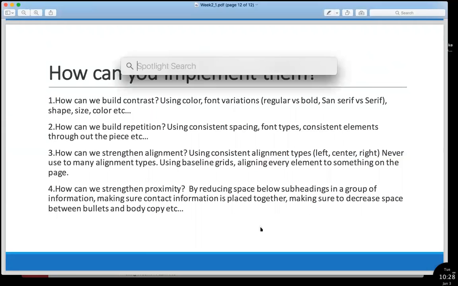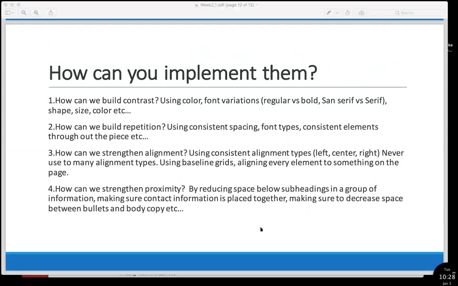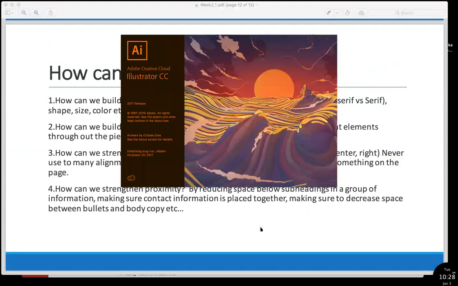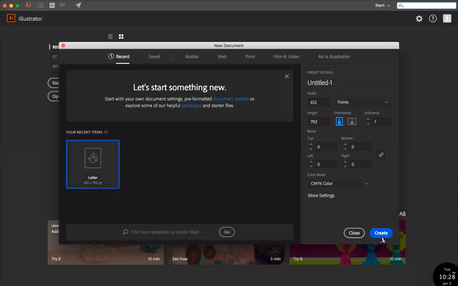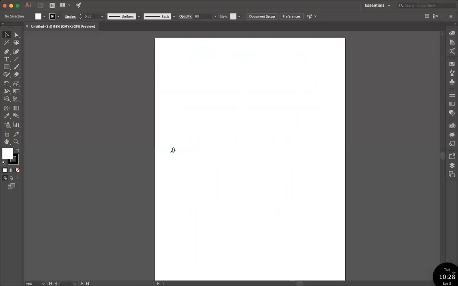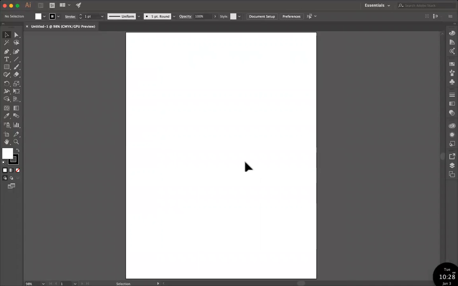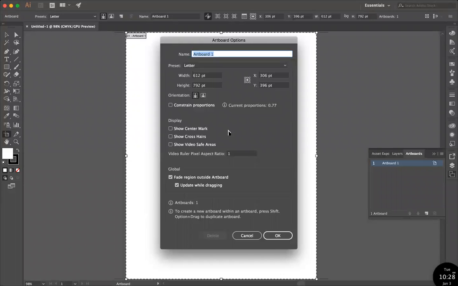So let me give you just a quick, basic example of that. Okay, so I'm going to just flip this artboard.